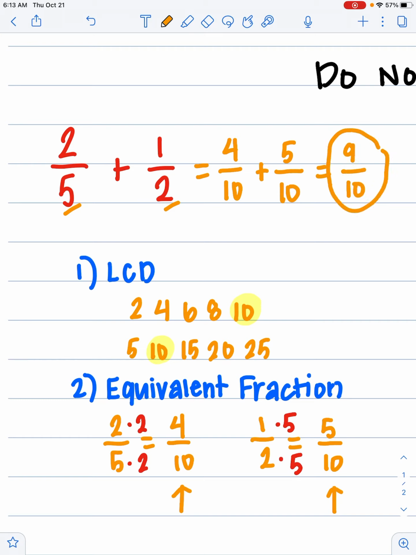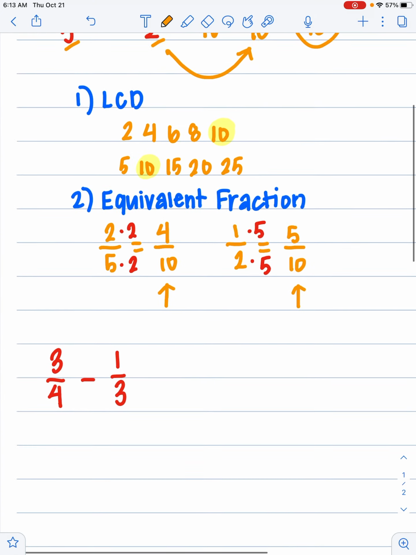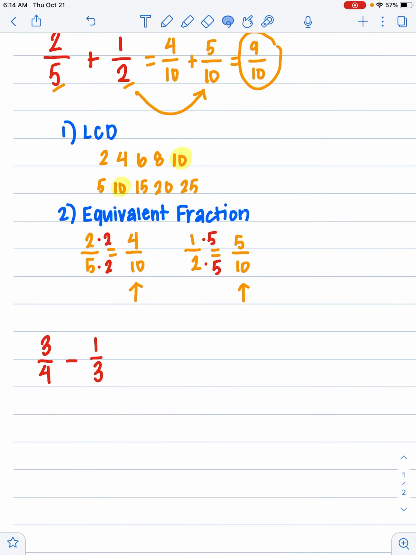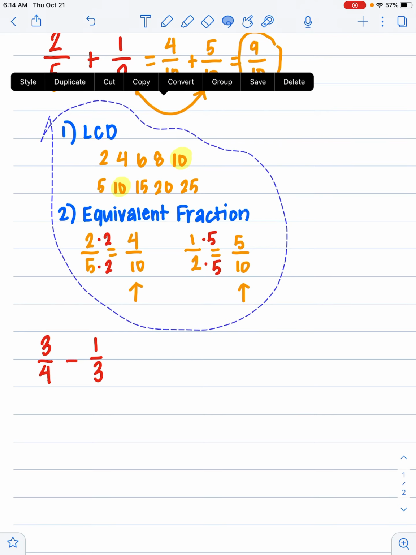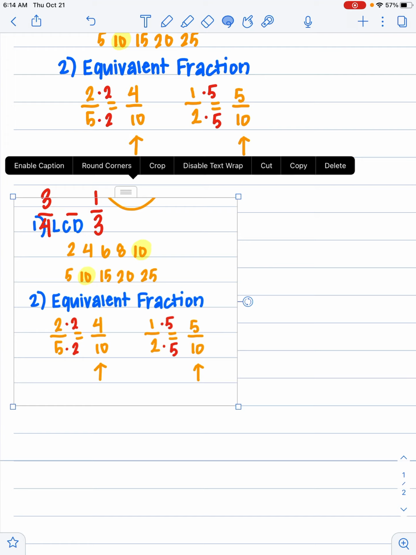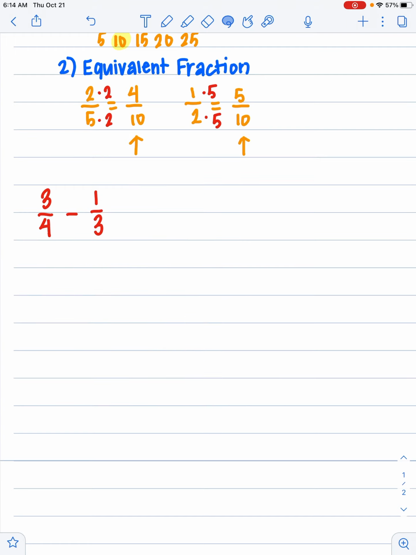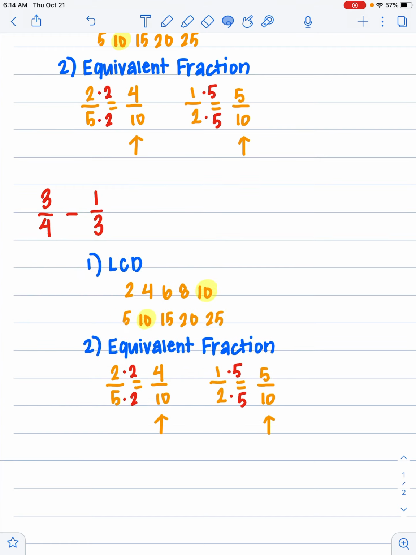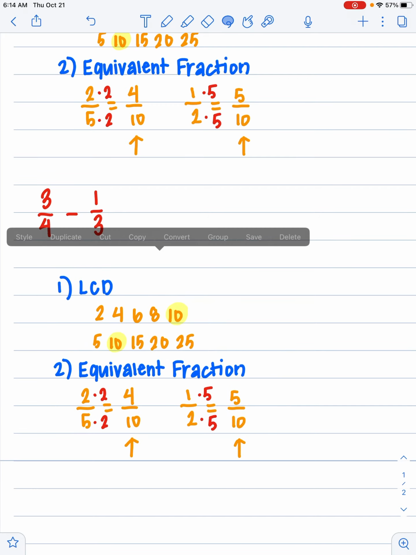All I did was change these fractions to equivalent fractions with a common denominator of 10. And we would follow the exact same steps for a subtraction problem. In fact, I'm going to copy and paste my steps. And I want to find the least common denominator again.